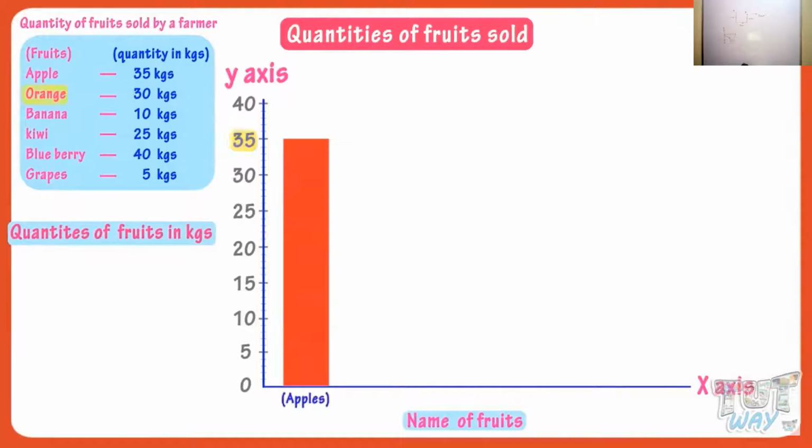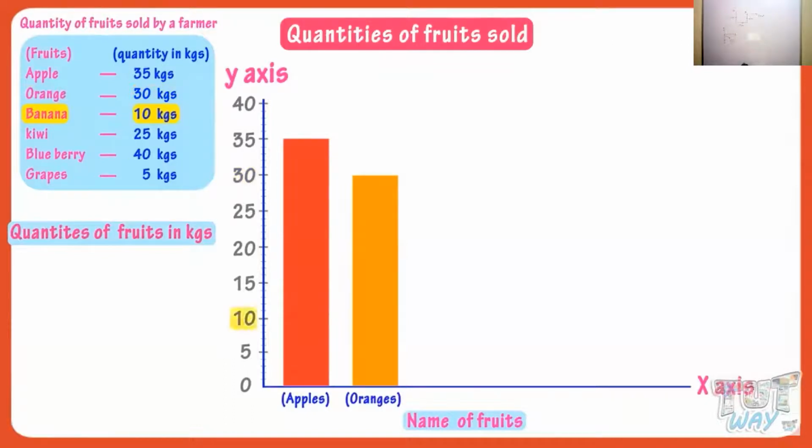Now next fruit is orange. Quantity of oranges sold is 30 kg. So make a rectangular bar up to the mark of 30 and label it with oranges. Now, next fruit is banana. Quantity of banana sold is 10 kg.